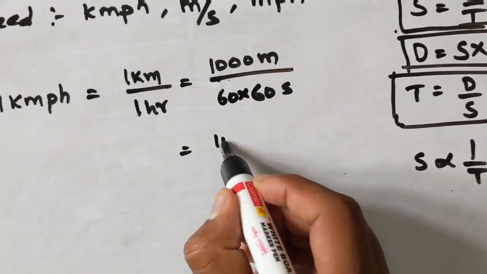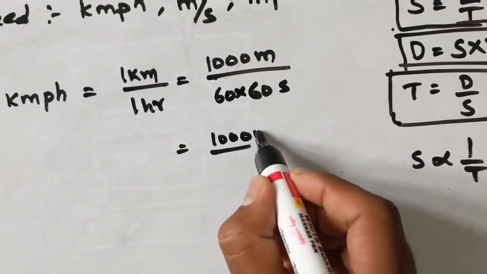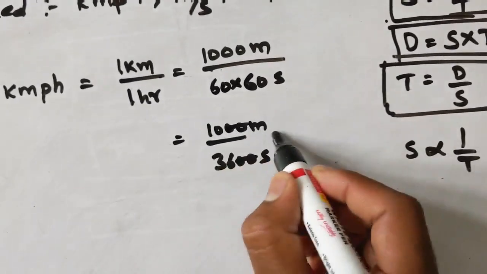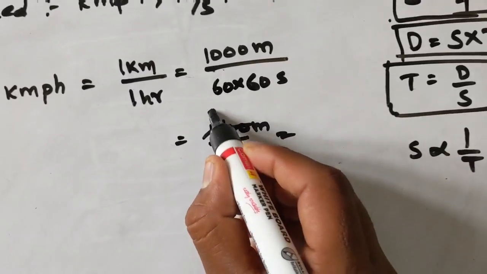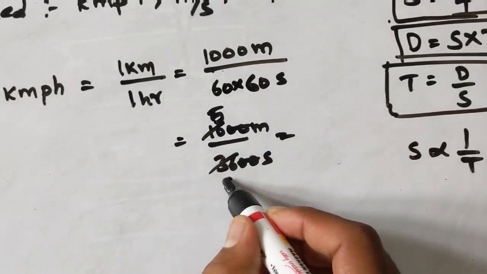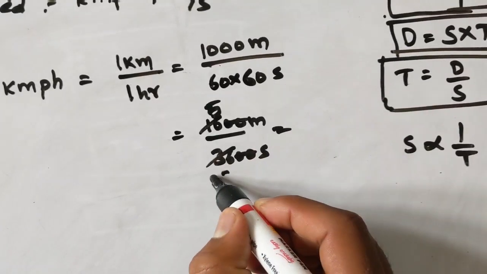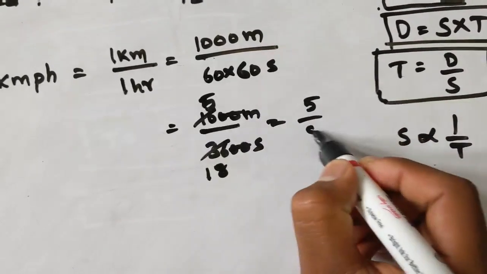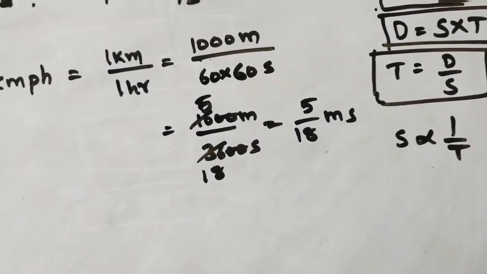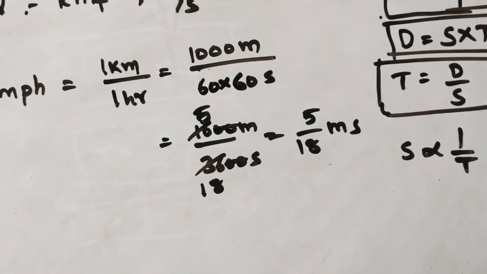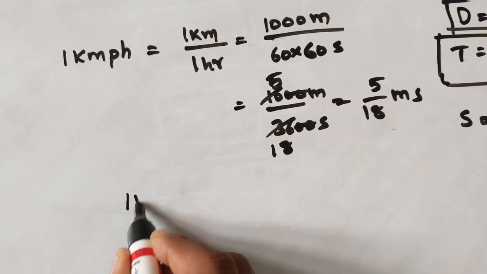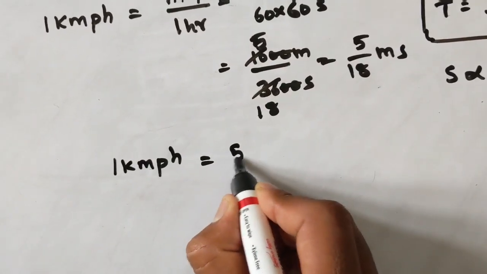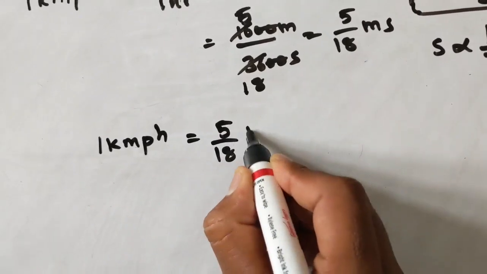If I calculate, 1000 meters by 3600 seconds, 2 zeros cancel, so 5 by 18 meters per second. From this we can tell 1 kilometer per hour is equal to 5 by 18 meters per second.